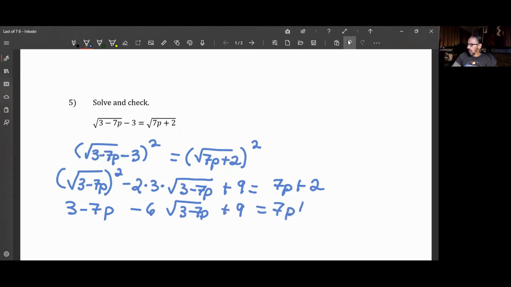At least we only have one square root now. I'm going to combine like terms by adding 7p. Well, let's first add the 3 and the 9 on the same side.